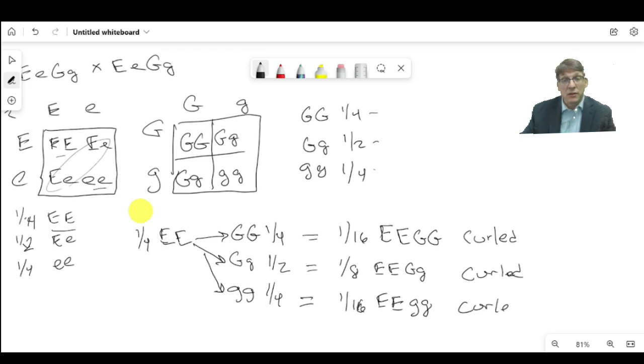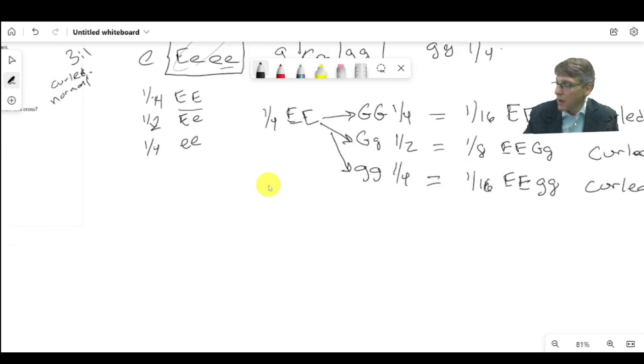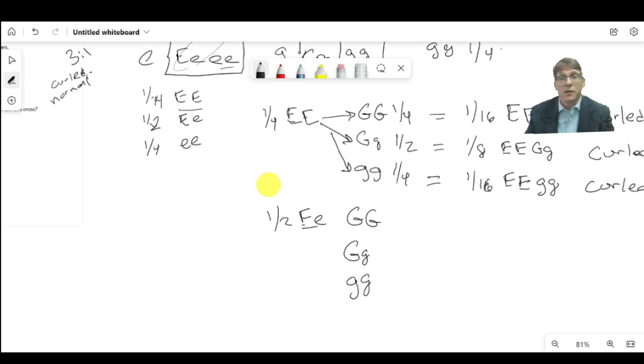And if we have a big G, it's going to be a black cat. So these first two would be black, and then this would be gray. Okay. And then we could do that again. We now have a 1/2 probability of it being a big E, little e, and that could meet up with the big G, the big G, little g, and the little g, and we'd do out this whole thing once again.